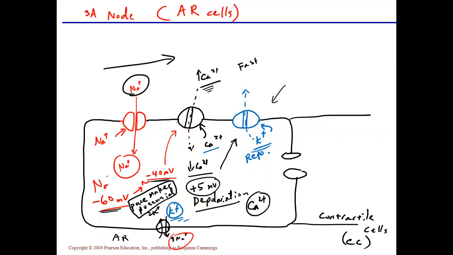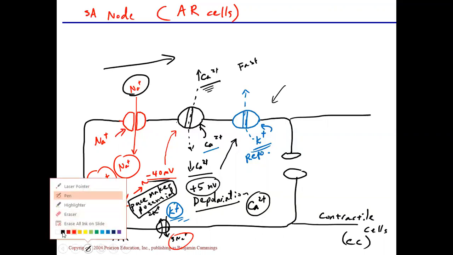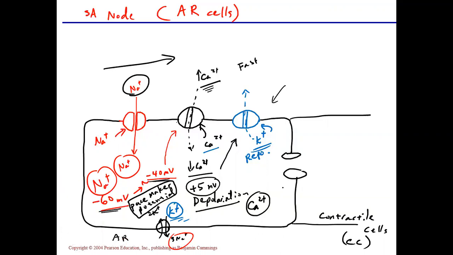So inside of the cell, you have a lot of cations: potassium, sodium, calcium, they're all cations. These cations, all right, they can get pulled through the gap junction into the contractile cells.